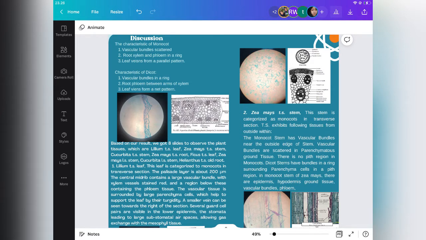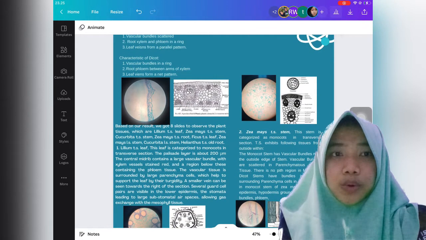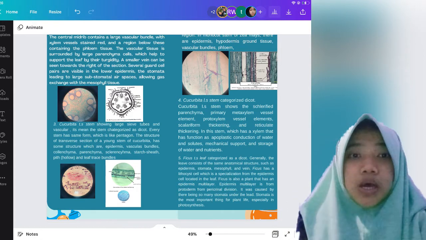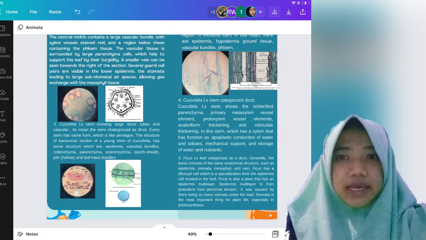In the monocot stem of zeamice, there are epidermis, hypodermis, ground tissue, vascular bundles, and phloem. For cucurbita transversal section stem showing light shape, tubes, and vascular, it means the stem is categorized as a dicot.